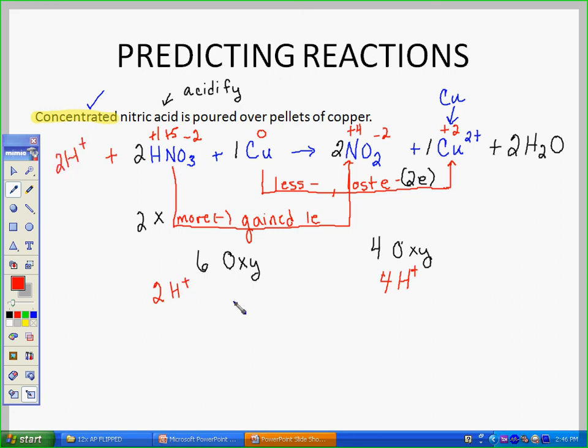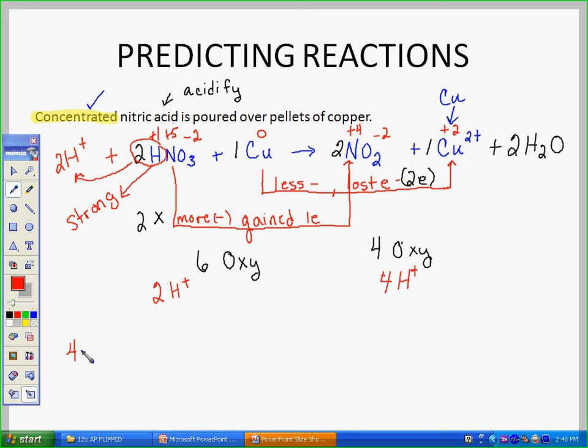Now, AP does require you to have the net ionic reaction. And since our nitric acid is a strong acid, I need to dissociate it 100% to get my final reaction. So I would dissociate these 2 H pluses, and I'm just going to merge them with these 2.